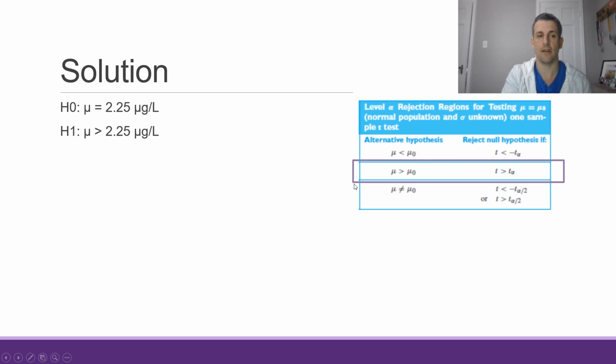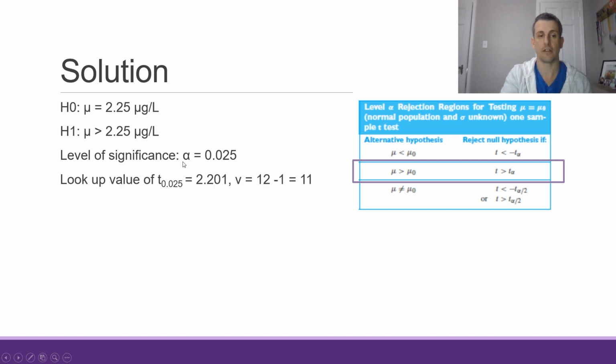What we see here is our alternative hypothesis has a greater than symbol. So what we're going to use to check is whether T is greater than T alpha. We have a level of significance, alpha equals 0.025, and we can look that value up in the table in our book.